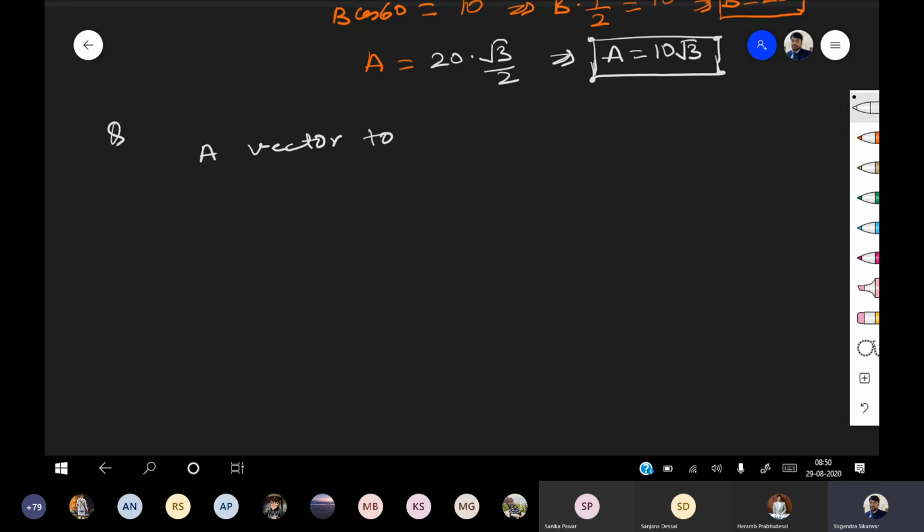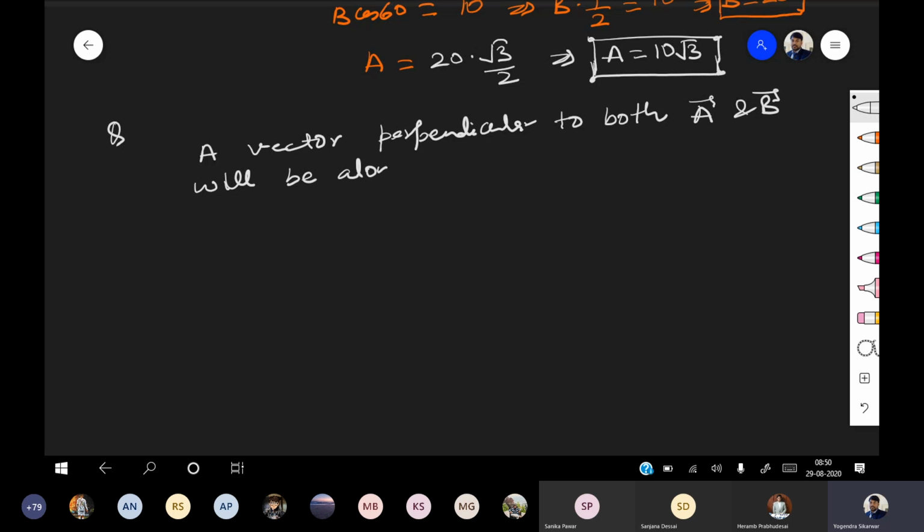Okay, so the point is a vector perpendicular to both a vector and b vector will be along a vector cross b vector.